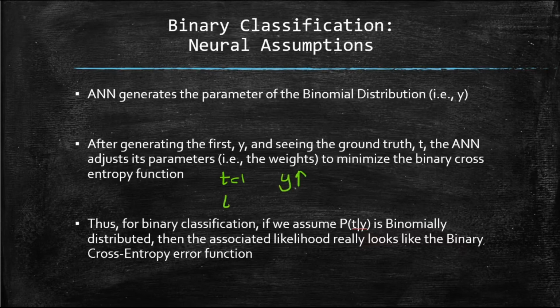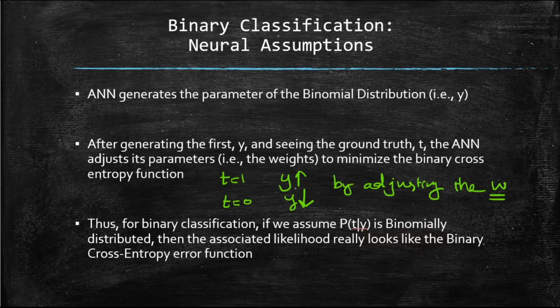And if the ground truth is 0, the network automatically would try to minimize this. By what? By adjusting the weights, okay? So some of the weights will increase, some of them will decrease, but eventually you will learn to generate the correct output, okay?